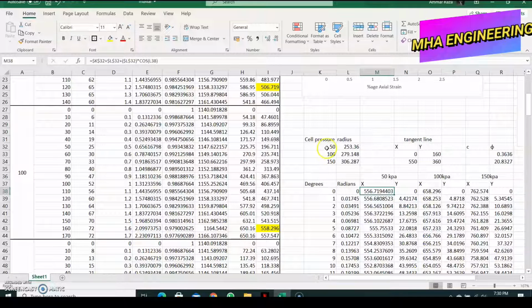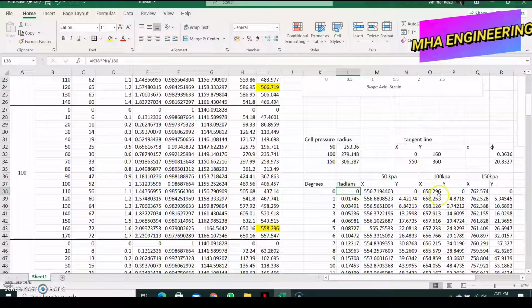Over here, when we do 50 plus 253 plus 253 into cos of whatever value you have in radians, you drag that down and you get your entire x values, and then in y it's just 253.36 sine theta.